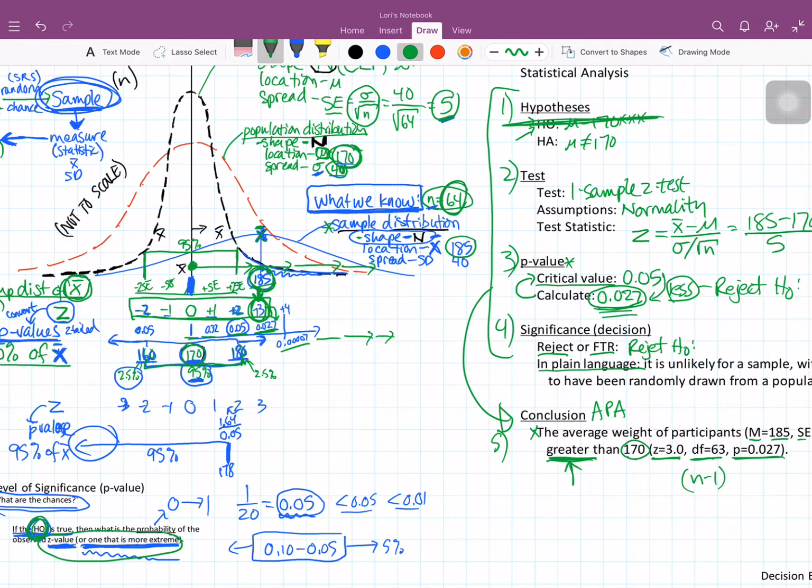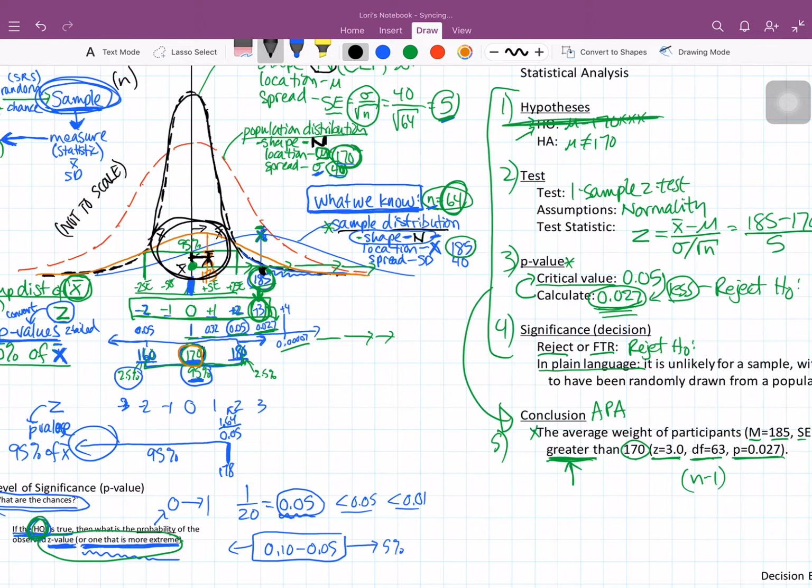Hopefully intuitively you would answer that question. Would you be surprised about that? You would say, no, that seems like it could happen because this seems pretty close to the 170. The 173 doesn't seem like it's that far away.